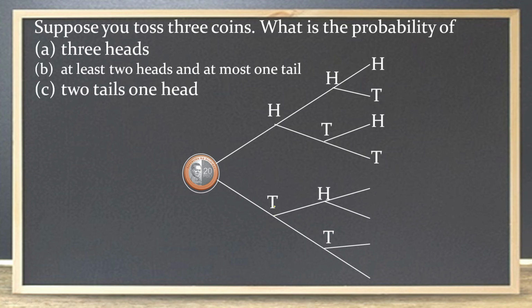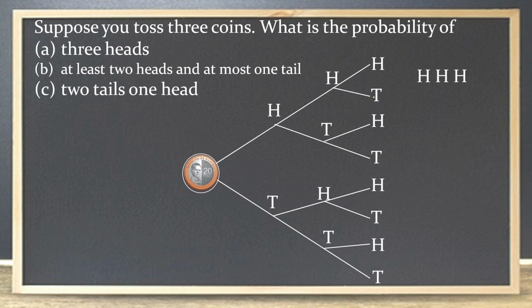Or the tail of the first coin, the head of the second coin, and the head or the tail of the third coin. Or the tail of the first coin, the tail of the second coin, and the head or the tail of the third coin. So these would be the possible outcomes whenever three coins are tossed.